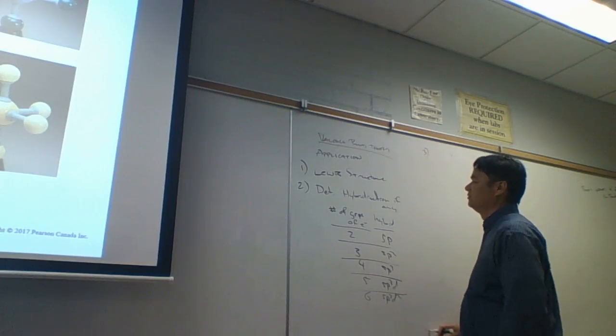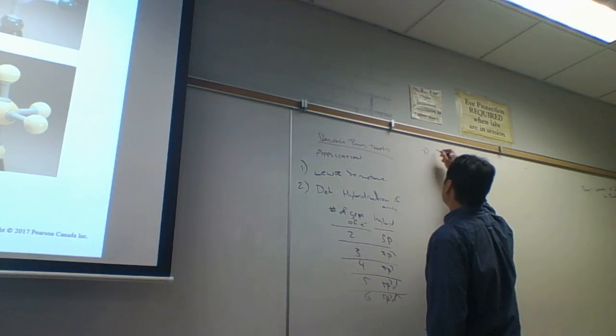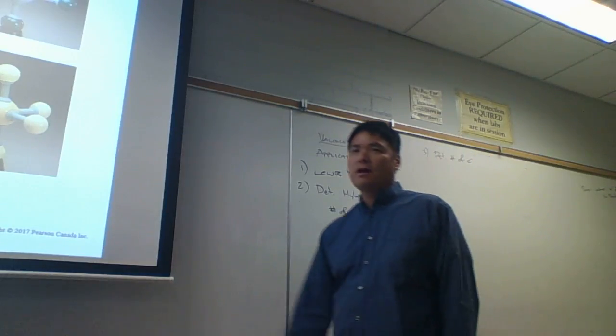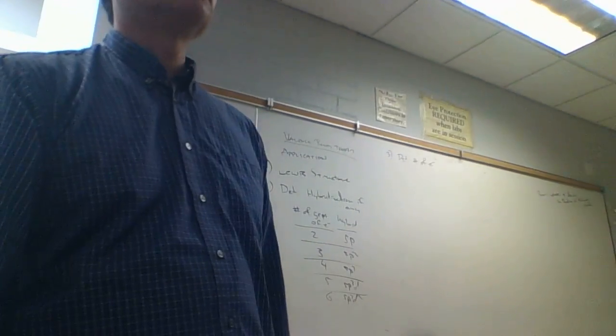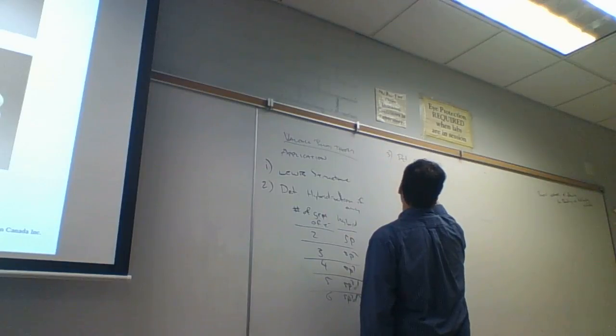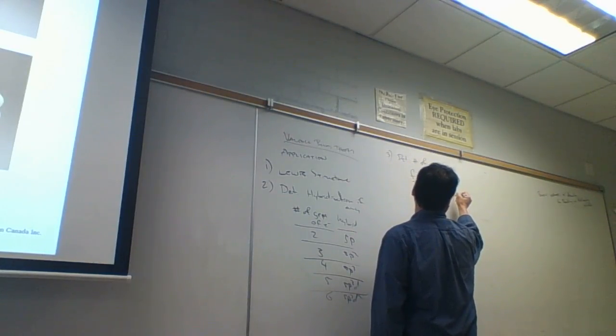Three, we're going to determine the number of electrons. Determining the number of electrons, you have to pay attention to formal charge. If the formal charge is 0, then the number is the same as the valence.